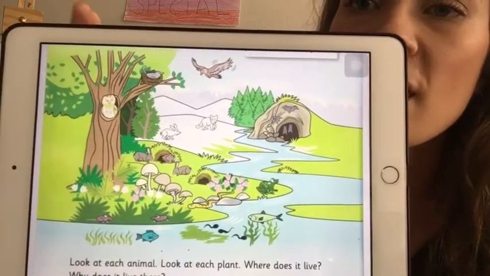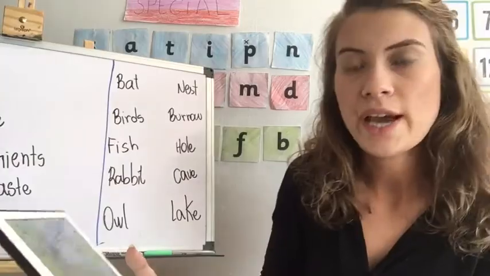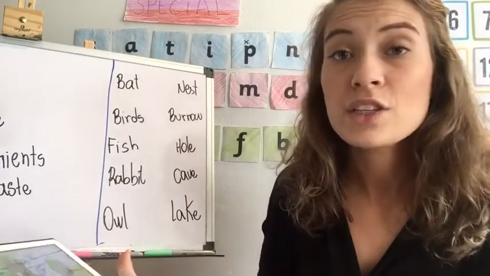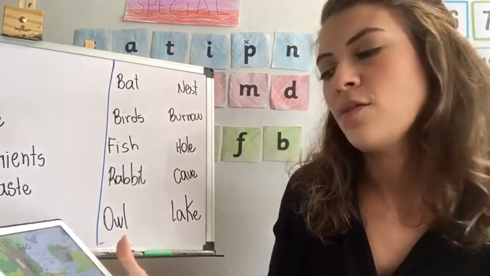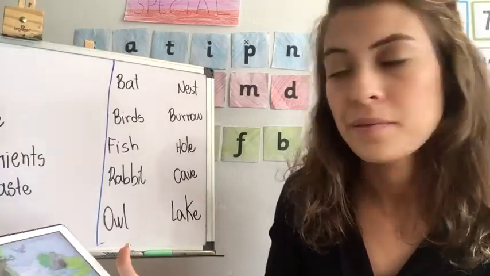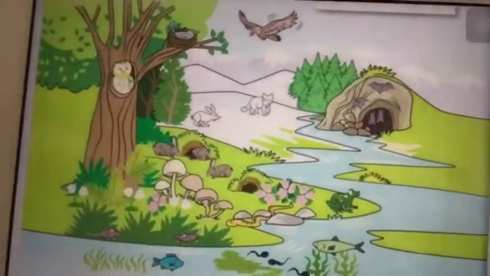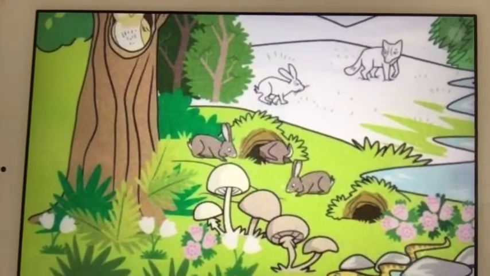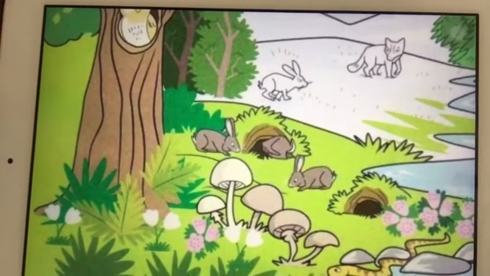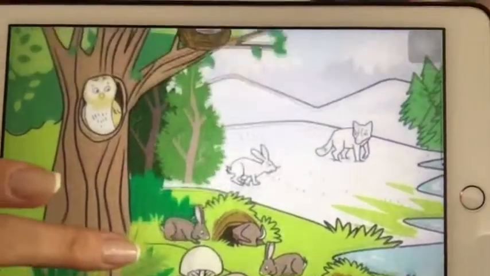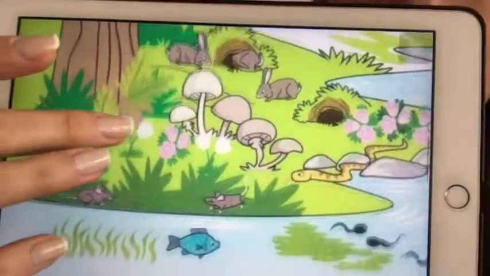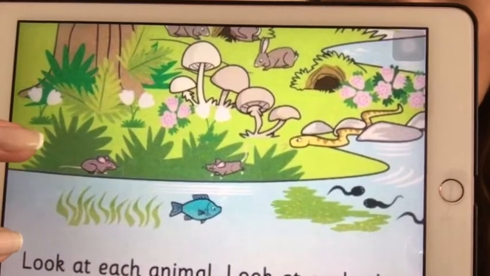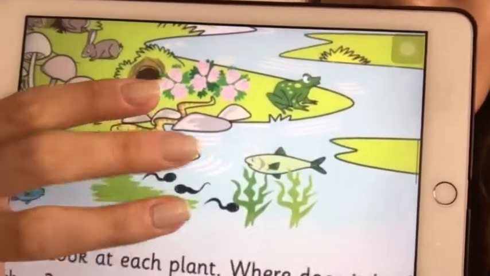Okay, so look at each animal here in this picture. I will show it to you. Look at each plant. Where does it live? Why does it live there? For example, let's have a look. Where do the rabbits live? And the fish, where does the fish live? Or the snake.